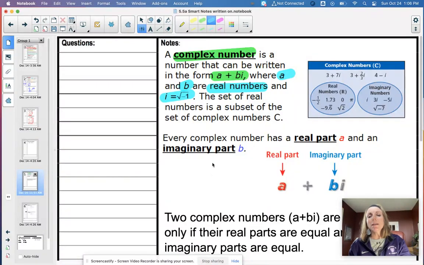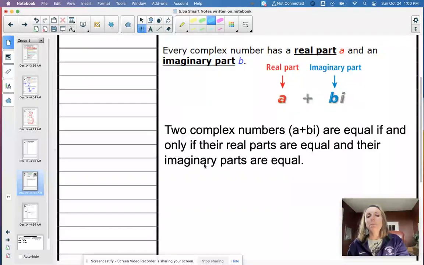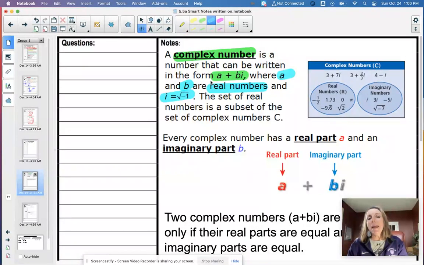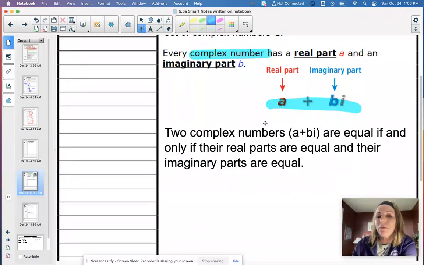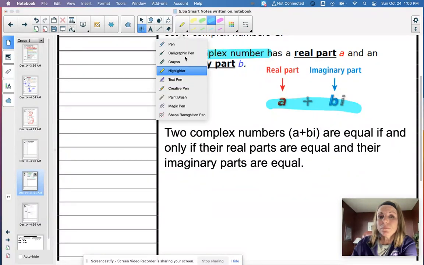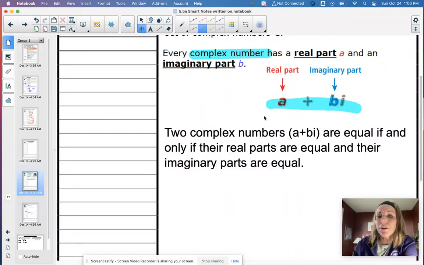Every complex number has a real part and an imaginary part. Up here we said a and b are real numbers. Yes, they are. But now we're talking about the real part and the imaginary part of a complex number. This whole thing is a complex number. The real part, that is a. The imaginary part, that is b.